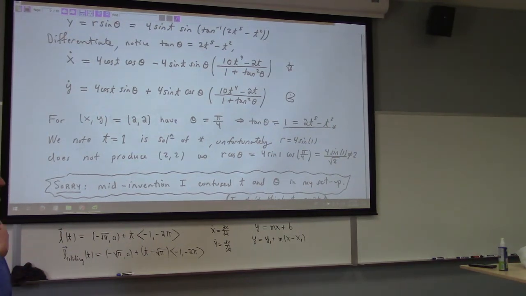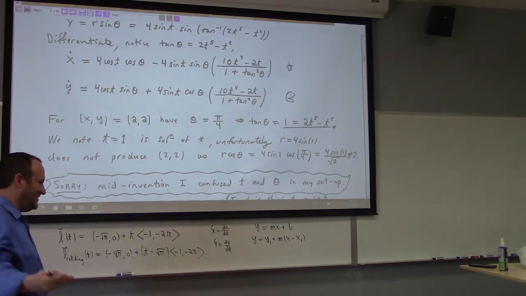And I'm not convinced at the moment that that point is even on the curve, although it seemed like when I was just animating it that it was. In fact, it seemed like it is at t equals 1 in my animation, but I don't trust what I put in yet, so let's just go on.